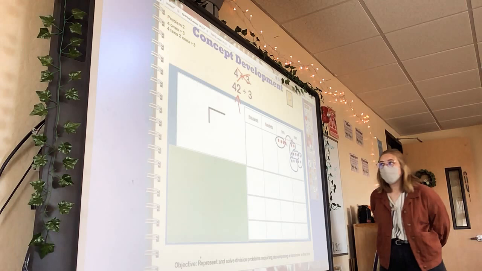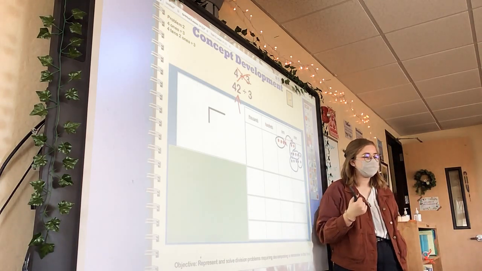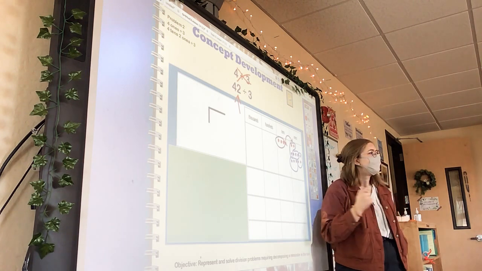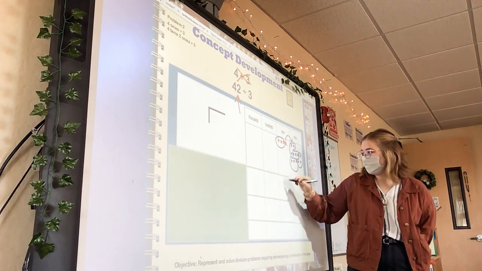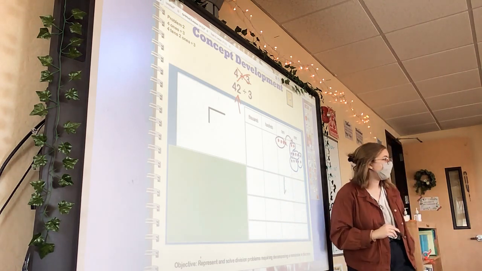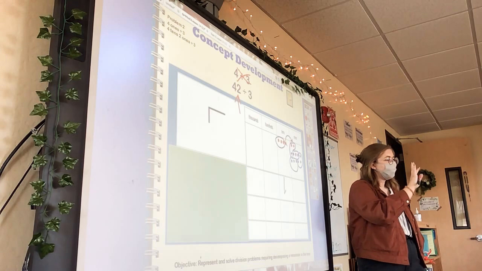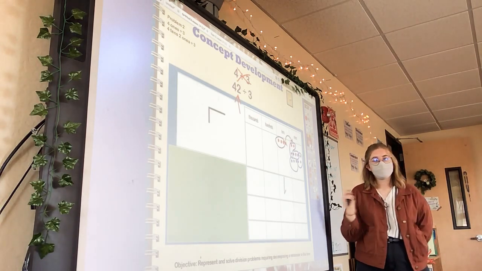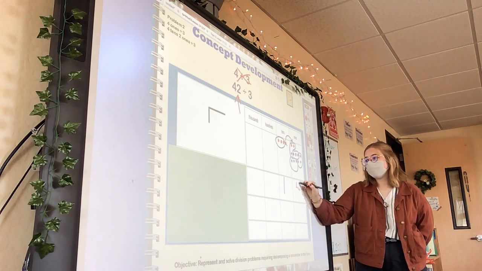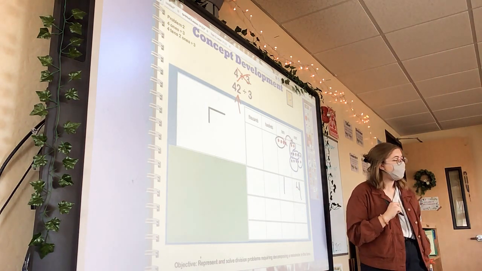Over here in my tens place, how many groups of 3 was I able to circle? 1. In my ones place, how many groups of 3 was I able to circle? 4. So 42 divided by 3 equals what?